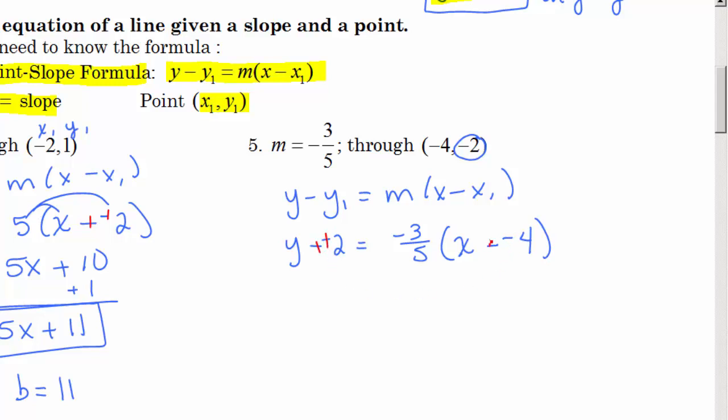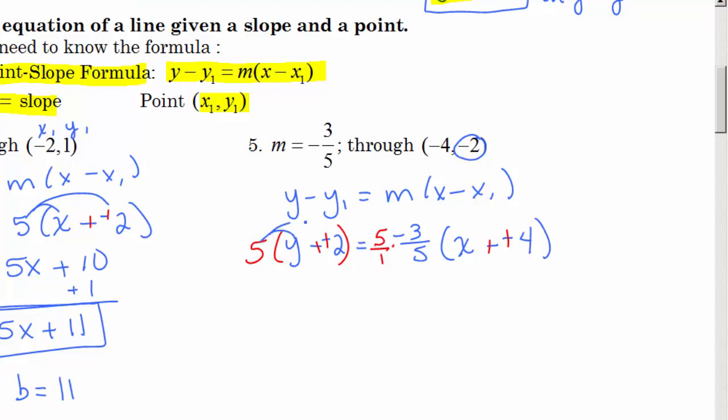Let's go ahead and make those double minuses plus signs. Now from here we need to solve for y. So we have choices. We could distribute our fraction and deal with it like that, or get rid of it. So I'm going to choose to get rid of the fraction by multiplying this side by 5 over 1 because that's my denominator, which means I have to multiply that side by 5 over 1.